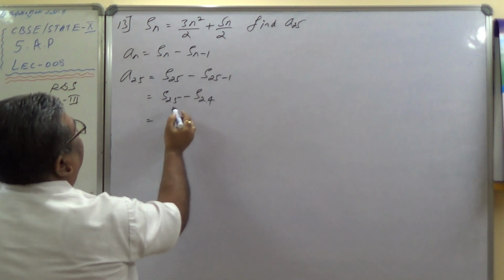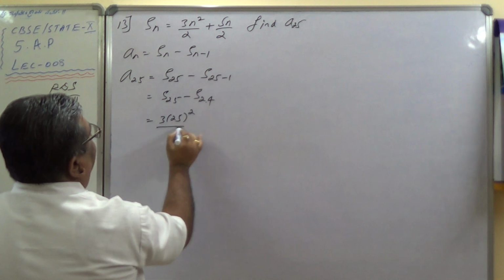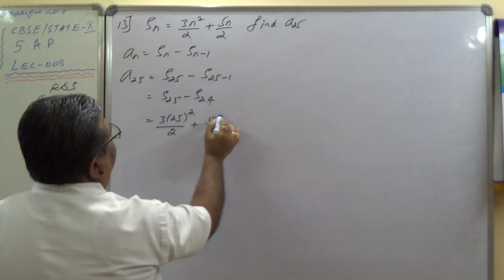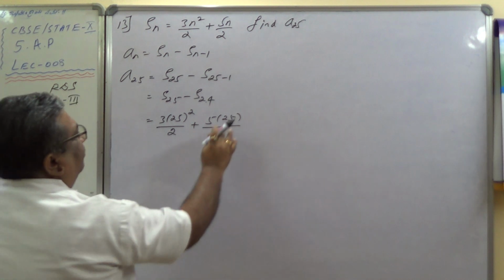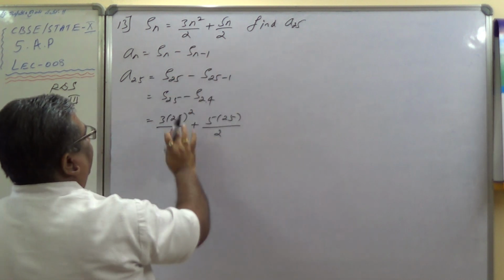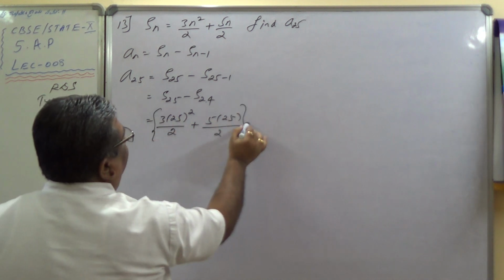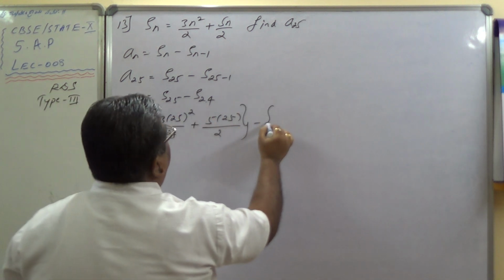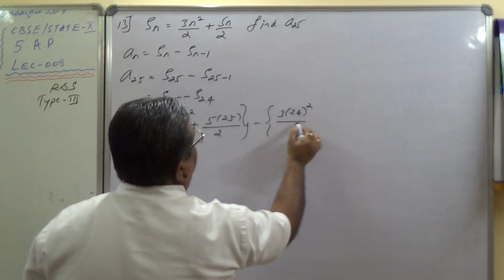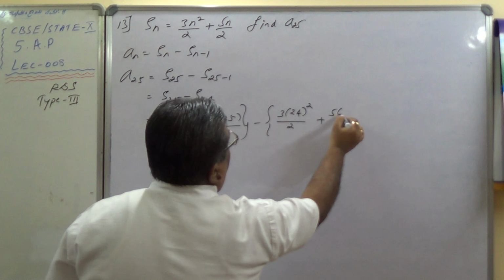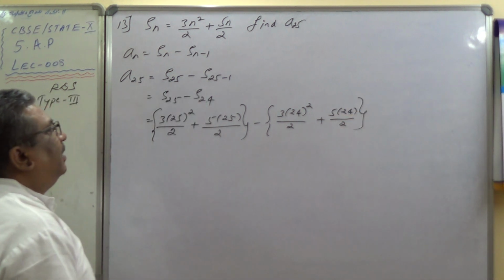S25 is nothing but 3 times 25 square by 2 plus 5 times 25 by 2, minus 3 times 24 square by 2 plus 5 times 24 by 2.